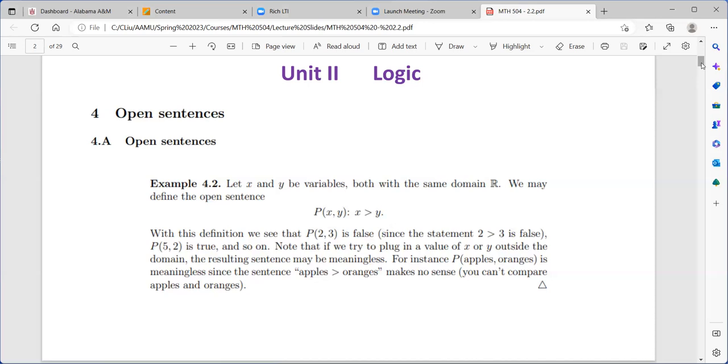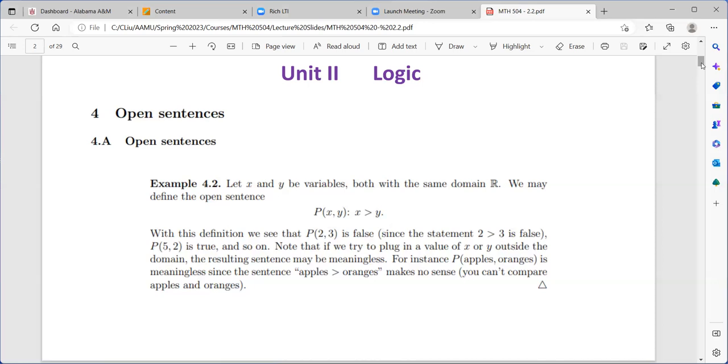Or if you plug in 5 for x and 2 for y, you write p of 5, 2. Then that is also a statement, because 5 is greater than 2, right?